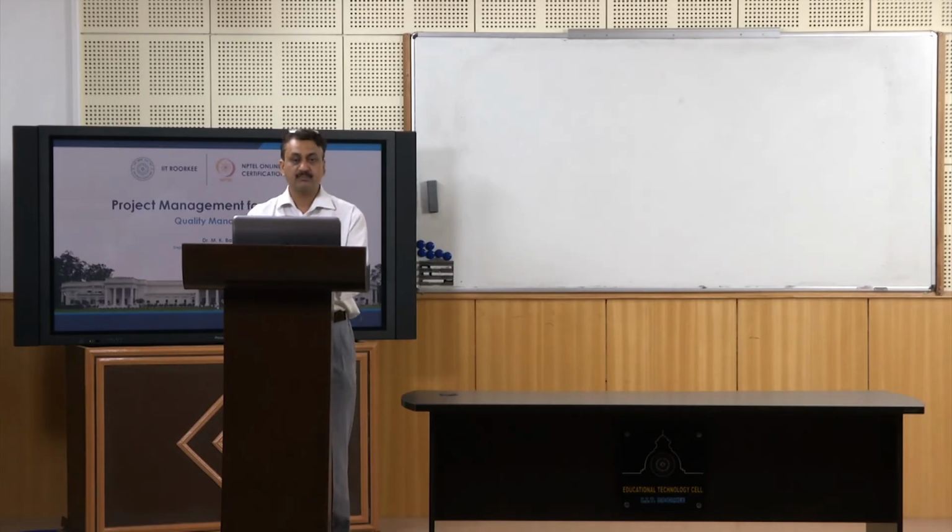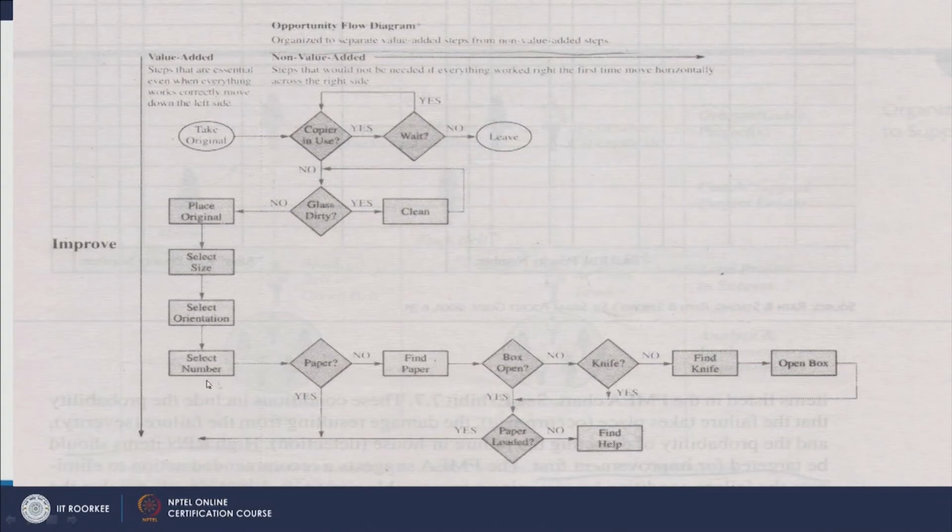So, we will take the same process of photocopying an original document, right. Let us say what the different value adding activities are. You take the original document, then place the original on the photocopy machine, select size, select orientation, select how many copies you want, right. So, these are all value added processes, right.